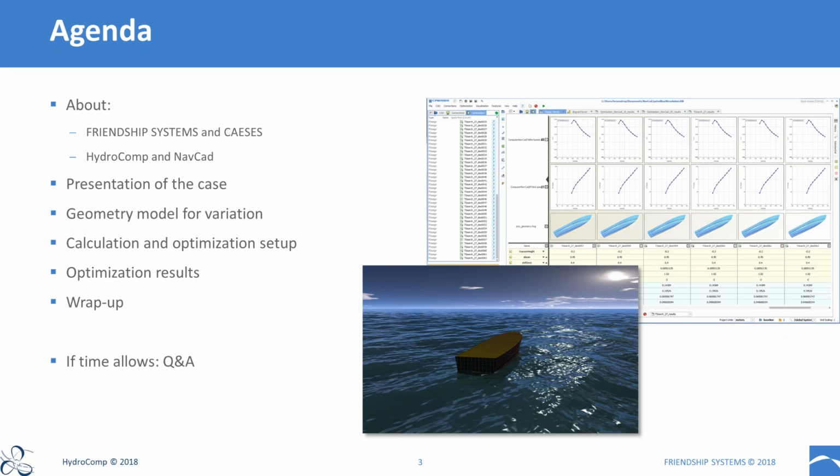Then we will talk about the geometry model that we set up for geometry variation. Then the calculation setup in NavCad and the optimization setup with the two softwares combined. Finally, we'll discuss the optimization results that we obtained for this case study before we wrap up everything. If time allows, at the end, we will have a Q&A session.